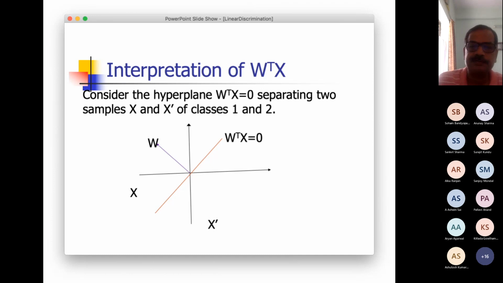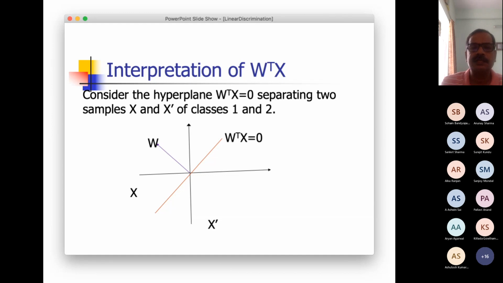Now, geometrically, let us try to understand the scenarios where you get exactly correct results for the training samples. That means a consistent classifier, in the language of the hypothesis space. The weight vector is defining your hypothesis space here.